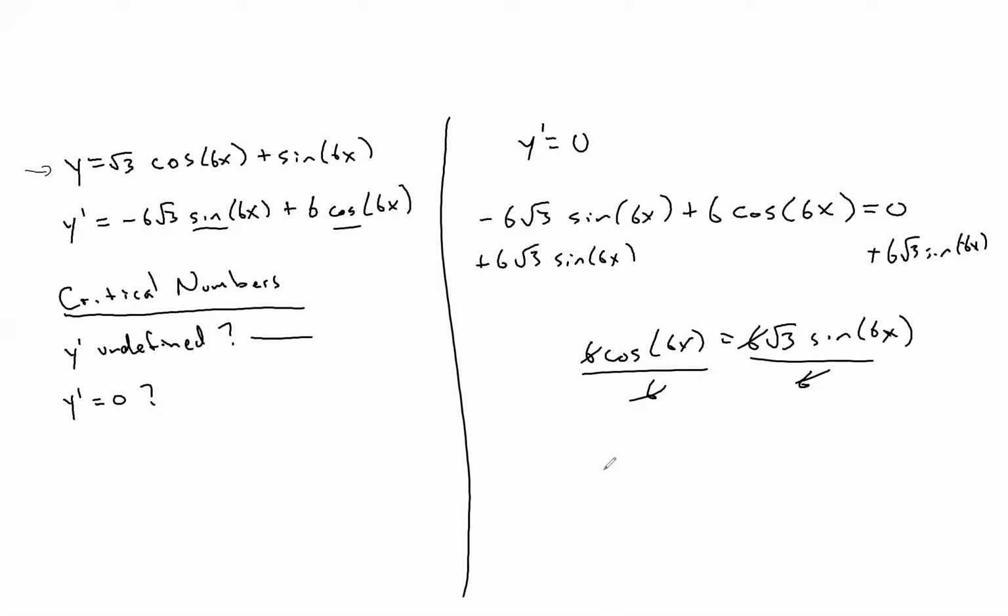So then I have cosine of 6x equals, I forgot about the root 3, root 3 sine of 6x.